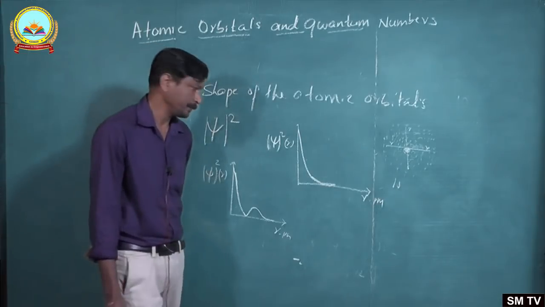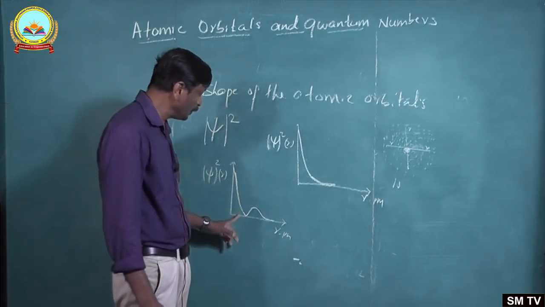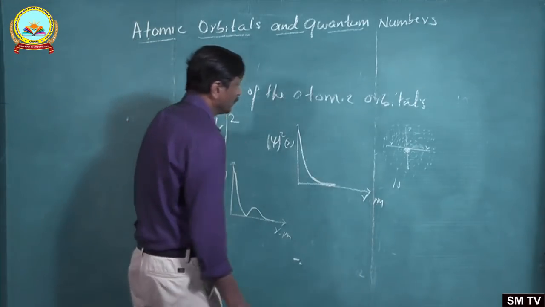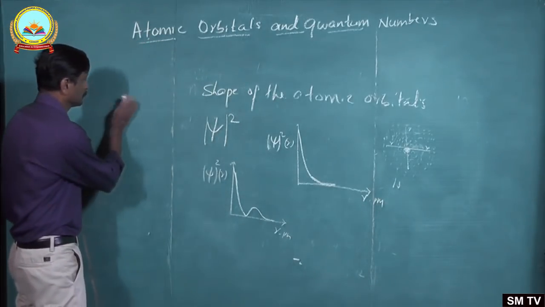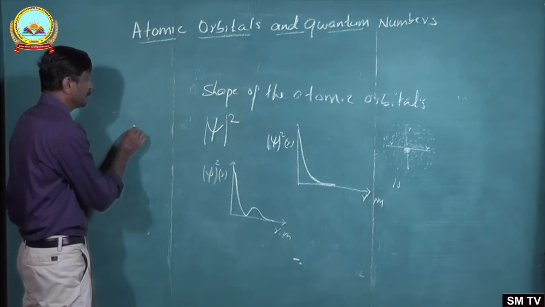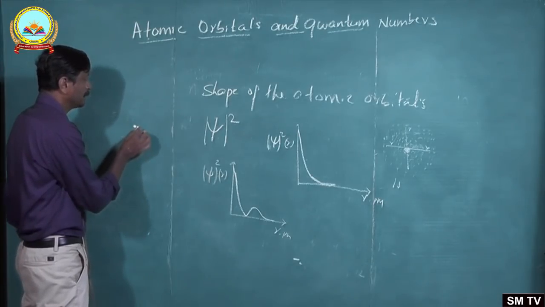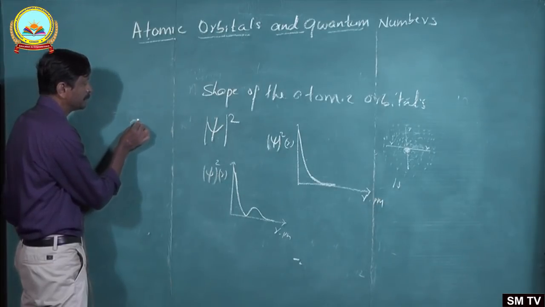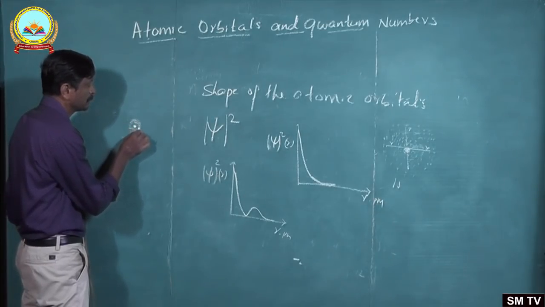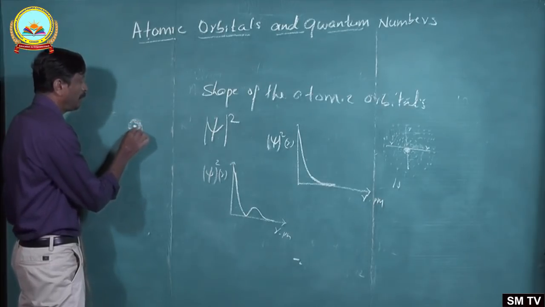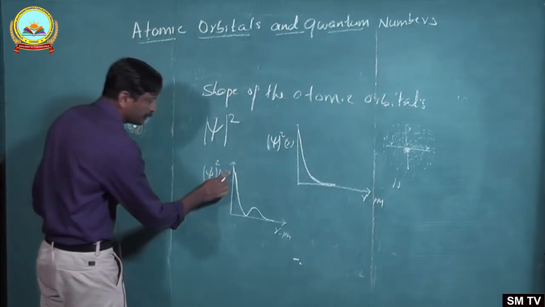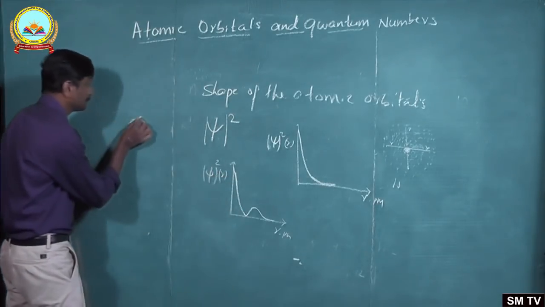See, look at the curve. Here also for the 2s orbital, in your diagram, near the nucleus, you have a very high density of the electron like this. After moving away, the electron density goes on decreasing like this.